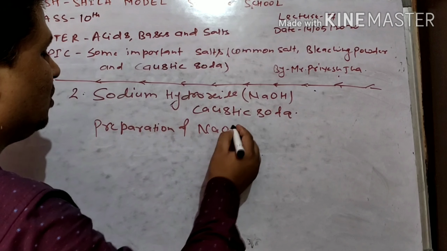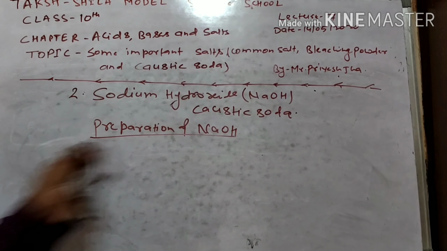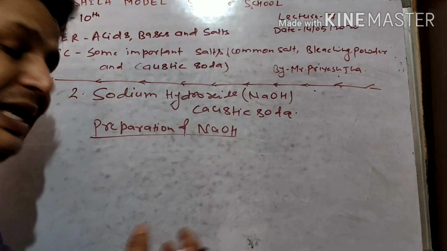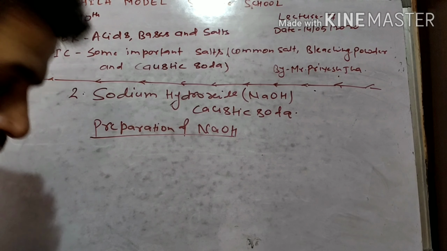Preparation of NaOH. Sodium hydroxide is generally obtained by electrolytic decomposition of brine solution of NaCl.